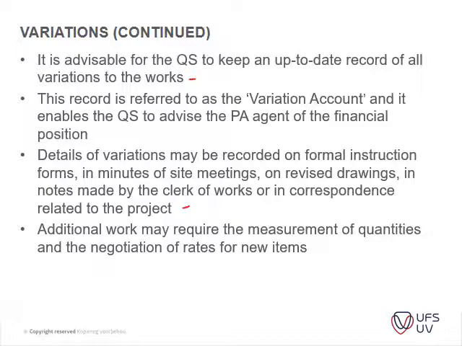Whereas if you've got a new item, for instance, changing the door frames from steel to wooden, that will constitute new rates from the contractor. That's usually negotiation between the QS and the contractor. Contractors usually try and load as much as they can onto those items, whereas the QS wants to keep it as low as possible.